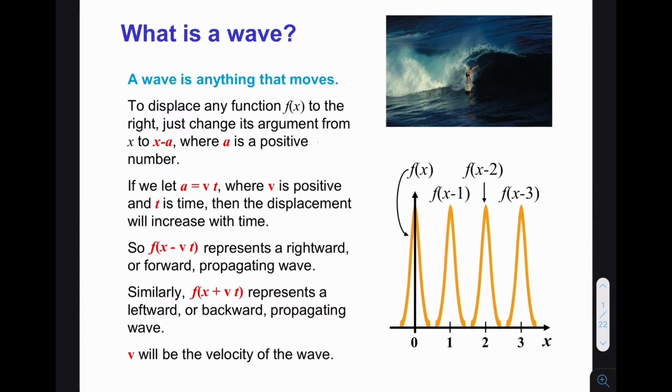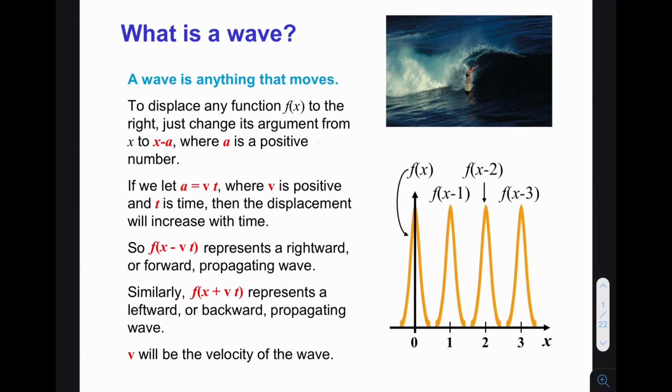So for instance, we change the argument of f(x) to x minus 1. What happens then? The function f(x) just shifts a little towards this direction, and the amount of shift is just 1 on this axis.